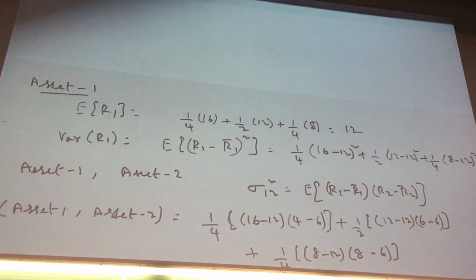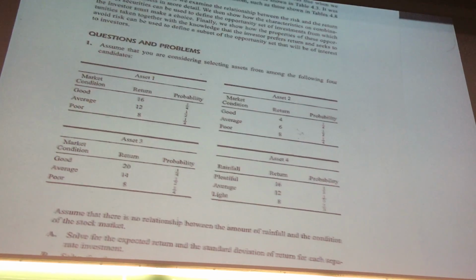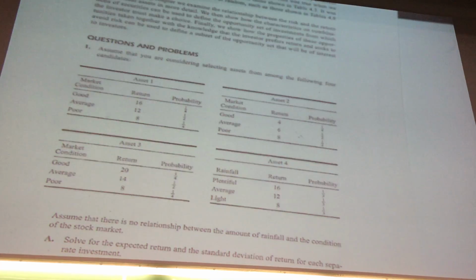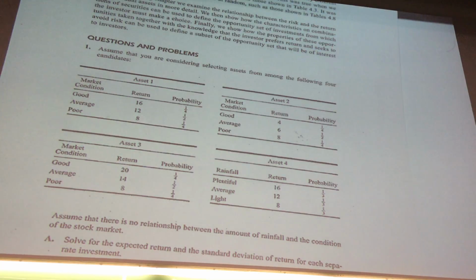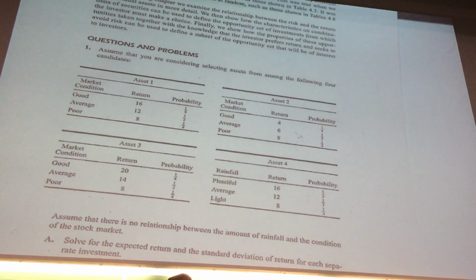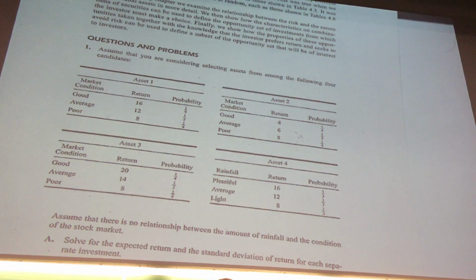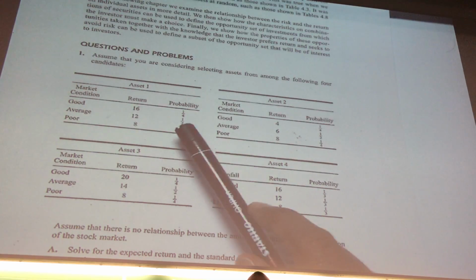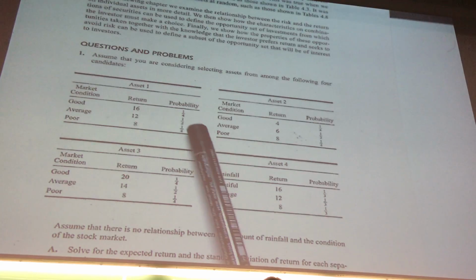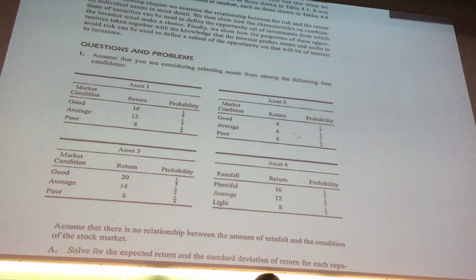So, if you look at the given assets, for everything it looks fine. But asset 1 and asset 4, or for that matter, asset 2 and asset 4, asset 3 and asset 4. How to find the covariance? Because in the previous pairs you have the luxury of using the same probability.